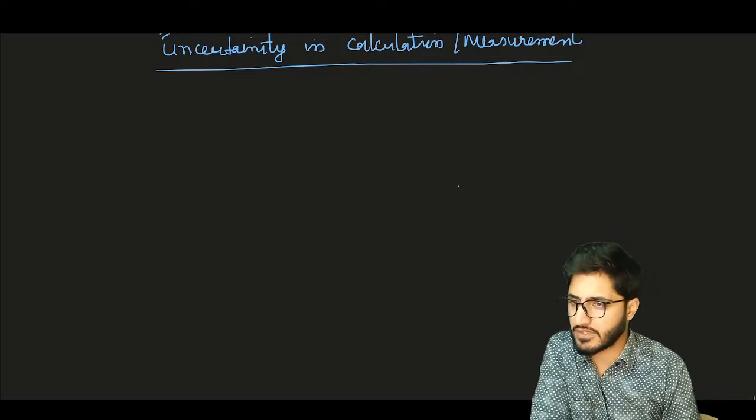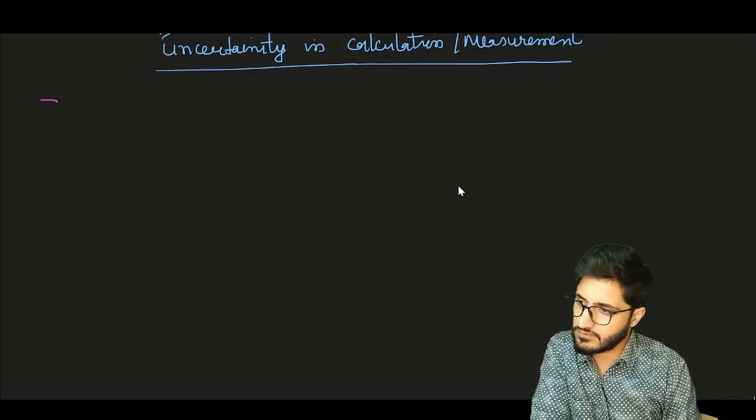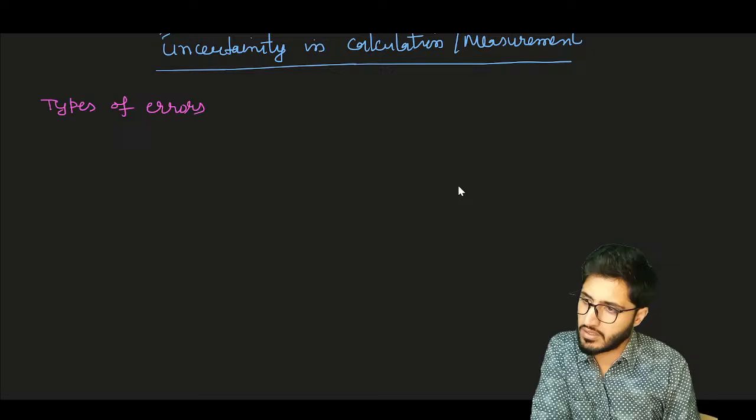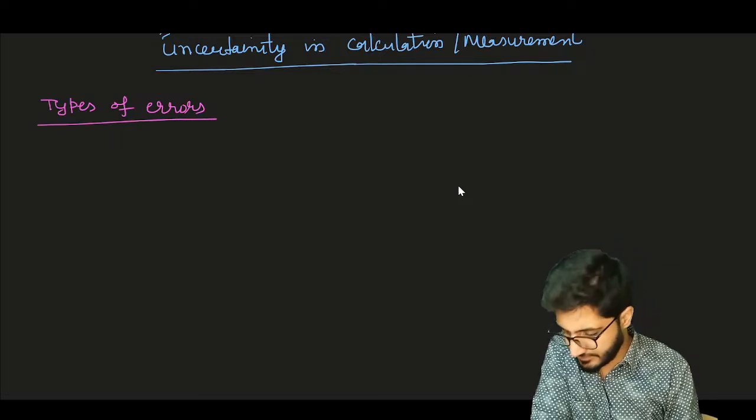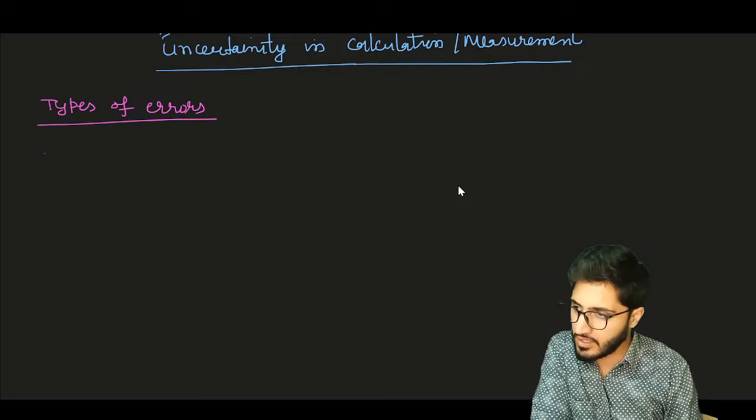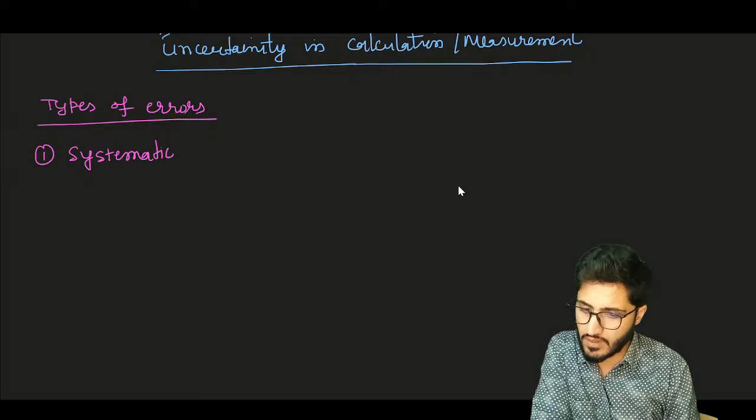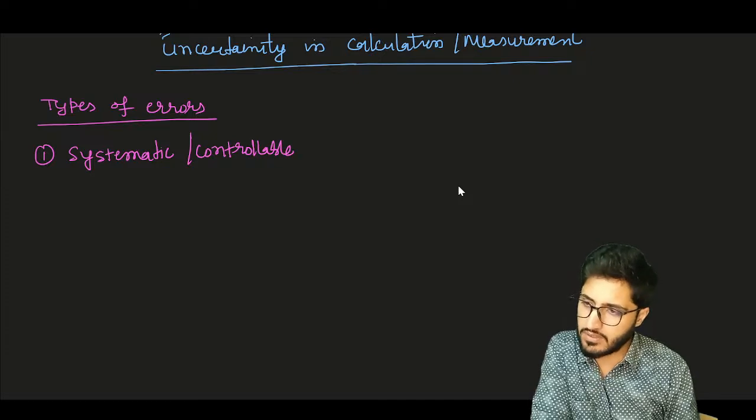We are having types of errors. First is the systematic error, or controllable errors.